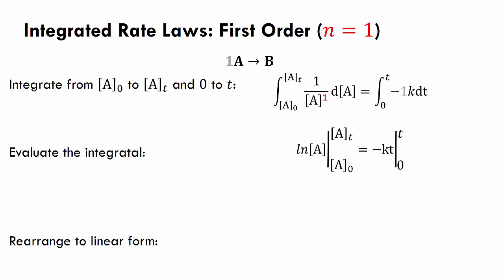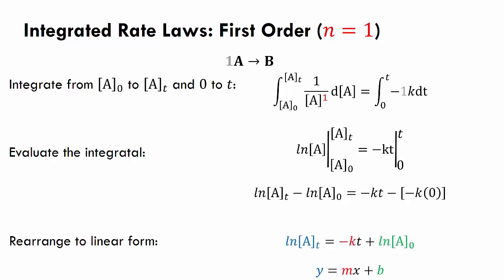If we evaluate the integral on the left, we have the natural logarithm of the concentration of A at time t minus the natural logarithm of the concentration of A at time 0. On the right, we have -kt minus -k times 0. We can rearrange this again into its linear form, where the natural logarithm of the concentration of A at time t is equal to -kt plus the natural logarithm of the concentration of A at time 0.